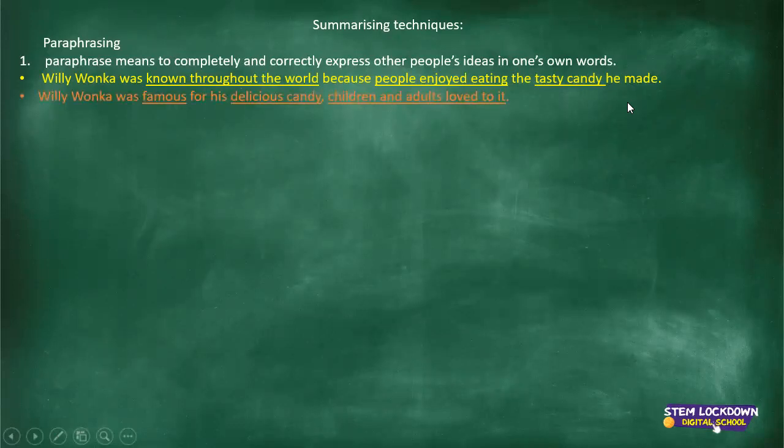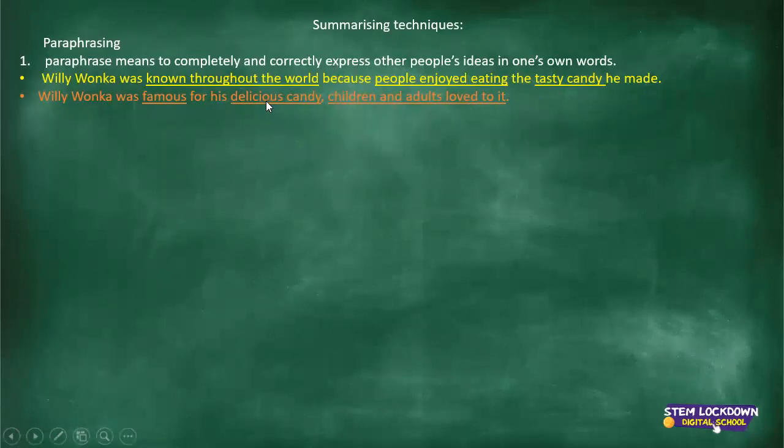Okay, so I said, Willy Wonka was famous for his delicious candy. Children and adults loved it, okay? So instead of saying he was known throughout the world, I used the word famous because it means the same thing. And instead of saying people enjoyed eating, we said children and adults, because children and adults are also people.